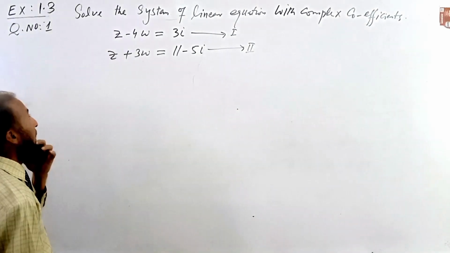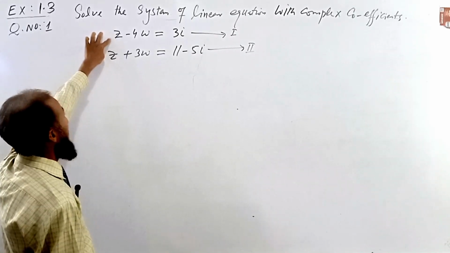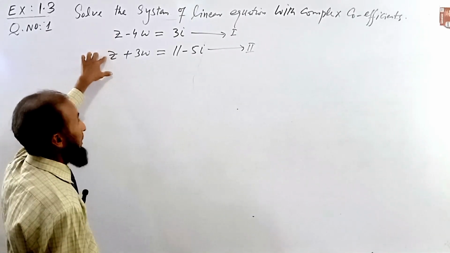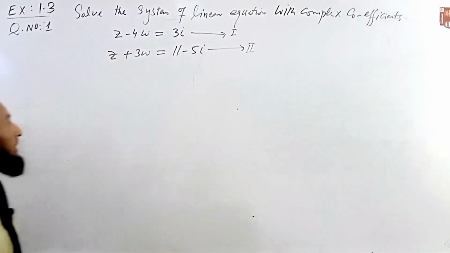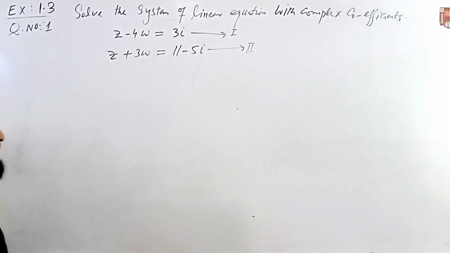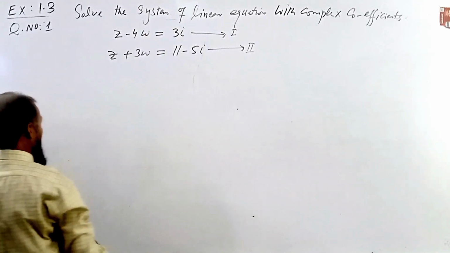each other. Now look here, if we check the coefficient of z in the first equation, z is 1, and in the second equation z is also 1, so both are the same. It means that if you directly subtract equation number first and second, then we will get the value of w.